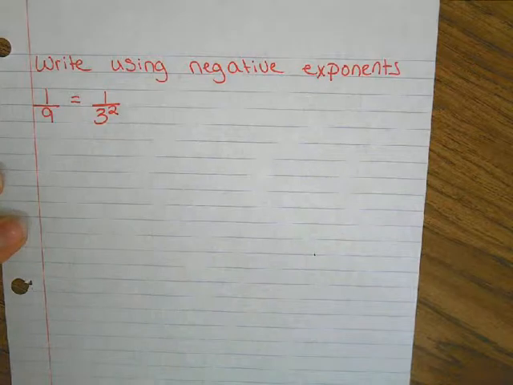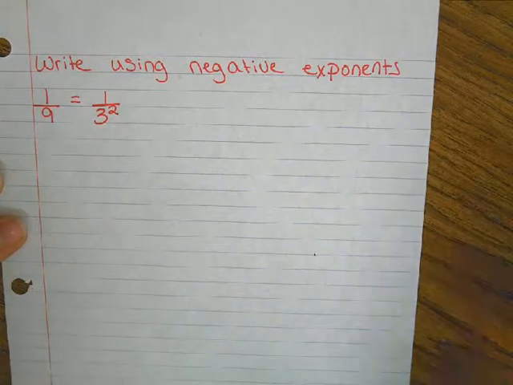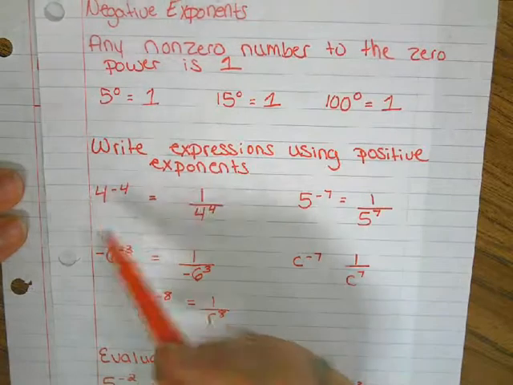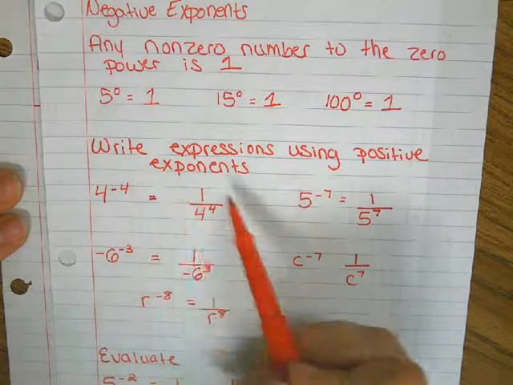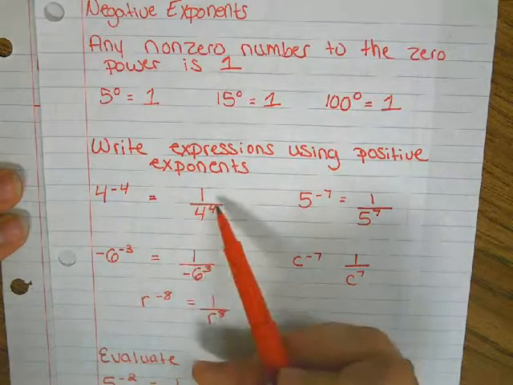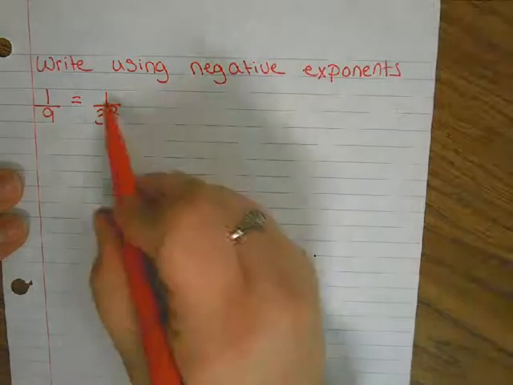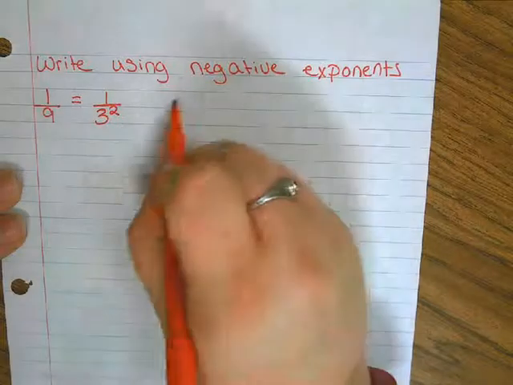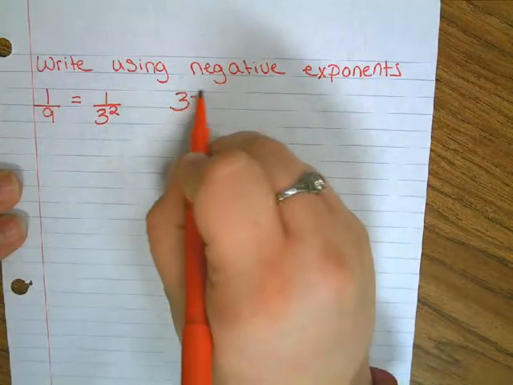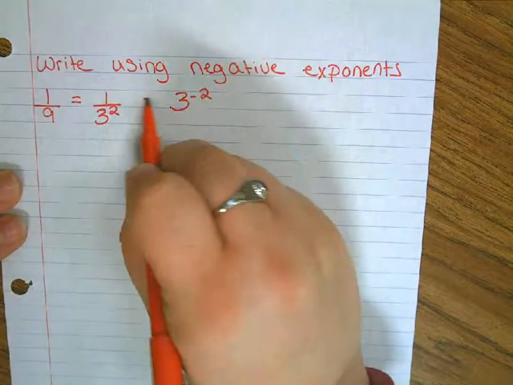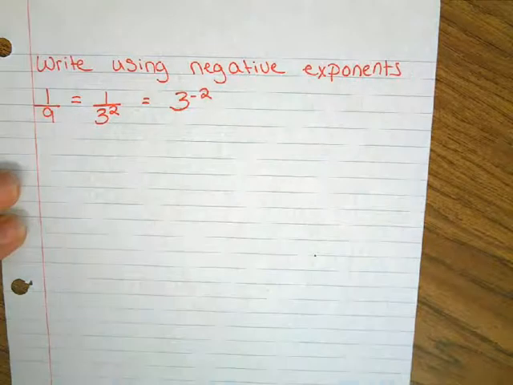So before, when I started with this, to get to here, I added the 1 and took away the negative. So now I'm going to take away the 1 and add a negative. So I'm going to have 3 to the negative second power. I'm going backwards on it.